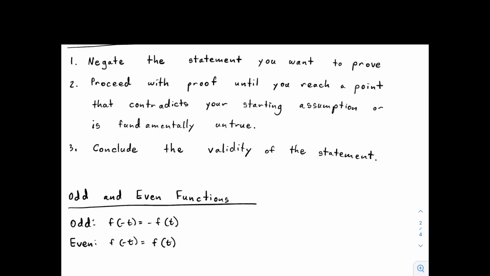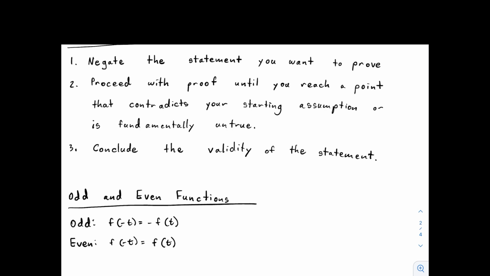So the idea with proof by contradiction is this. You look at the statement that you'd like to prove. The first step is to negate the statement. The second step is to proceed with the proof in a mathematically rigorous way until you reach a point that either contradicts your starting assumption or is fundamentally untrue.